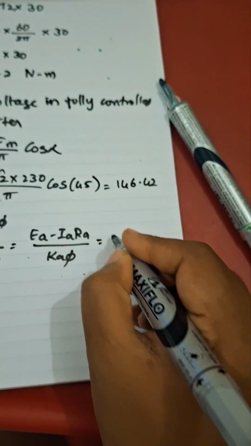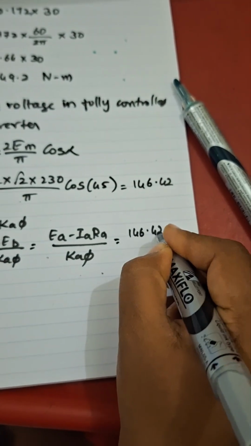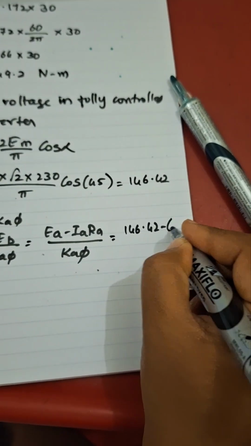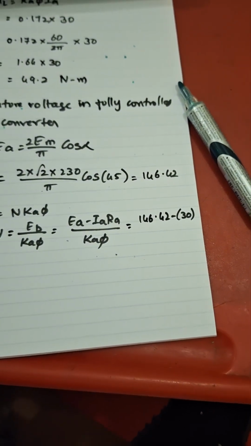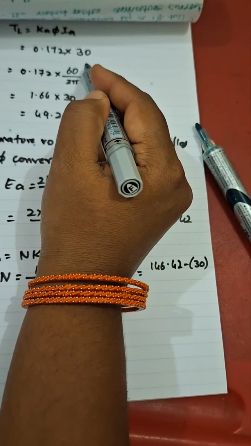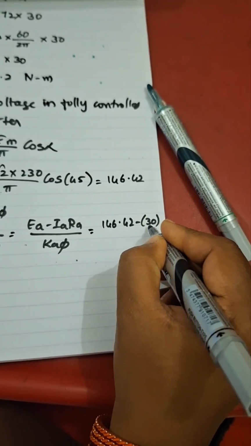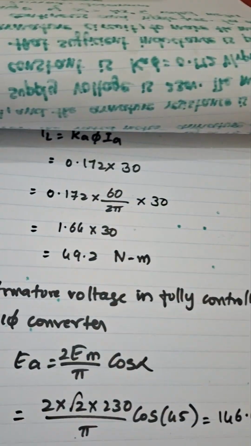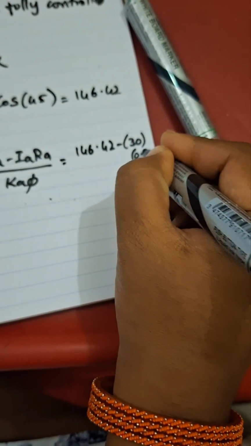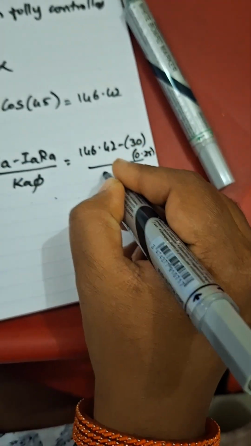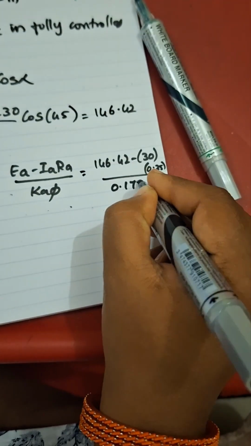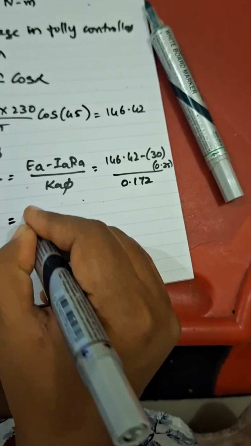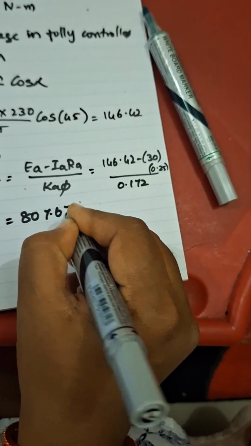Ea we calculated as 146.42, minus Ia, which is 30, times Ra, which is 0.25, divided by Kaφ, 0.172. If you use the calculator, you will get 807.67 rpm.